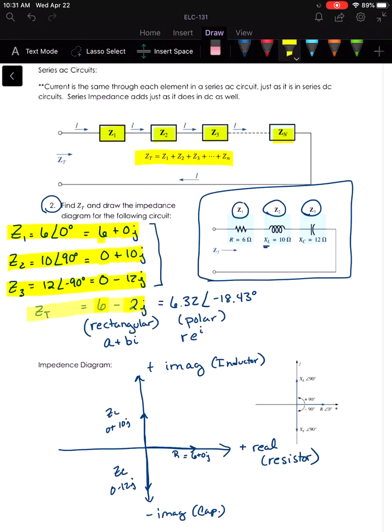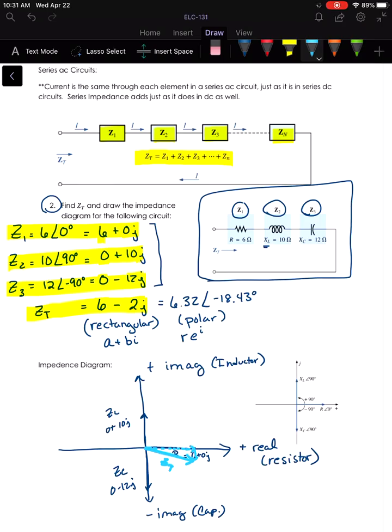And then for my total impedance, 6 minus 2J. So what does that mean? That means I would go over 6 and down 2. I'm going to draw this with a different color. So my ZT would be about right here. And this is the impedance diagram.